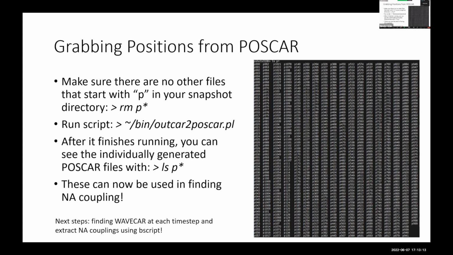Yeah, let's keep asking Adam questions. Go ahead, please. What do you do if MD takes more than one job to finish one run? Oh yeah, you basically just make a new directory and name it MD2 or something like that.